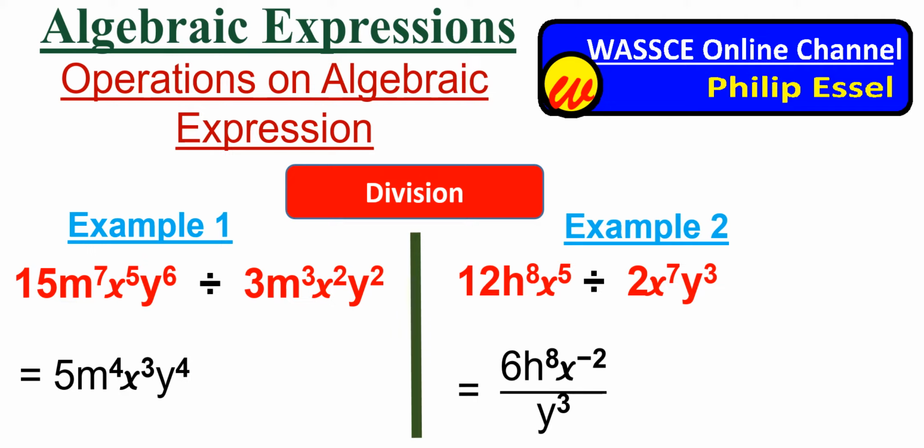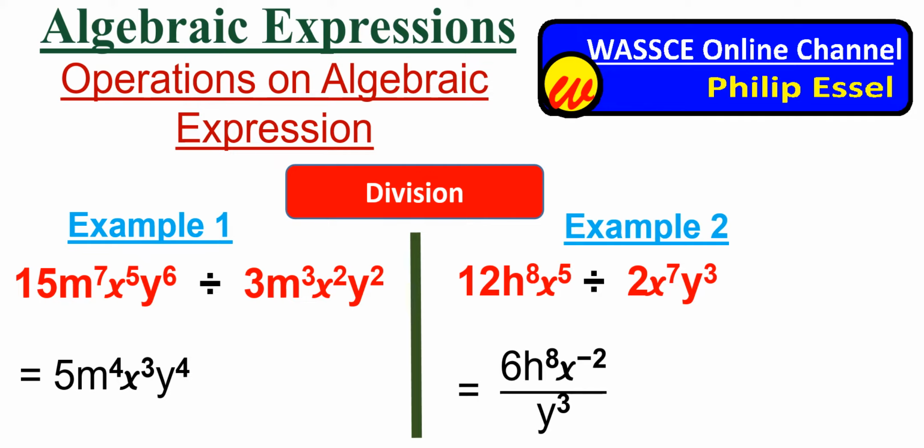We'll divide h exponent 8 by, there isn't any h, so we just maintain the h exponent 8 like that. So we'll move on to the variable x exponent 5. I will divide x exponent 5 by x exponent 7. What it means is I would subtract the exponent of 7 from the exponent of 5. That will give us x exponent negative 2.